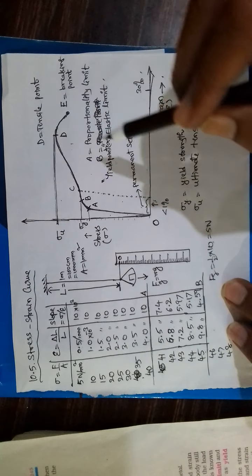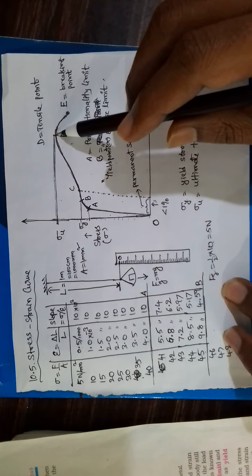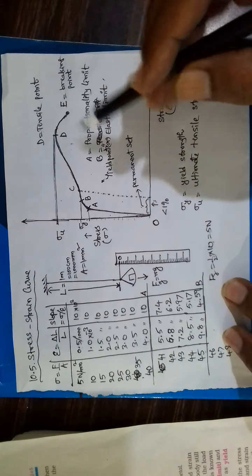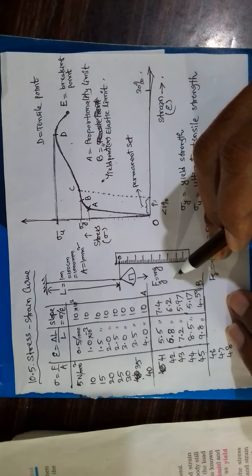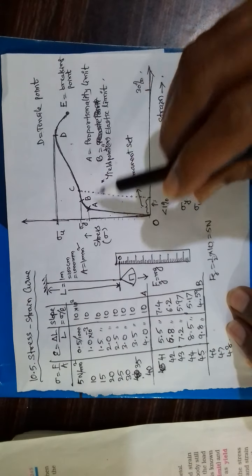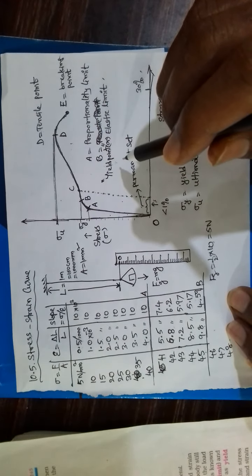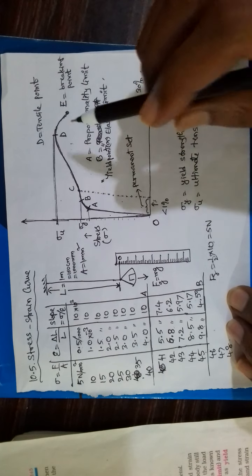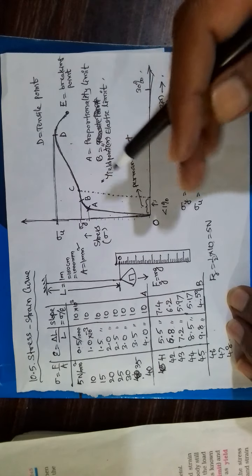Afterwards, after D point the stress is getting decreased. Are you unloading here? No. You reached up to maximum stress value. When you reach the maximum stress value, the strain in the wire is accelerated.